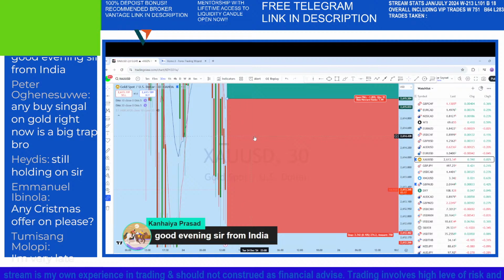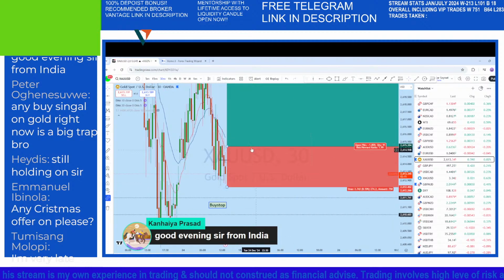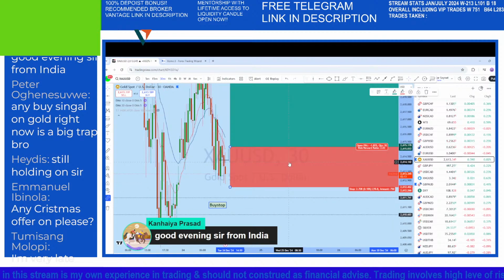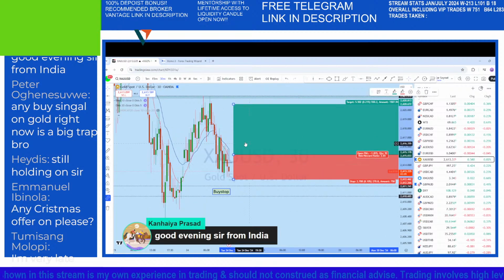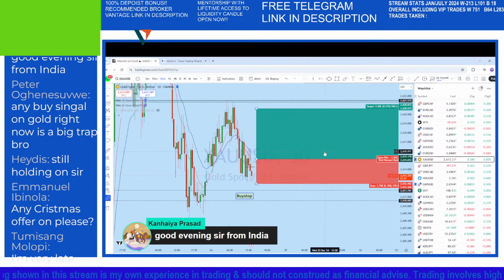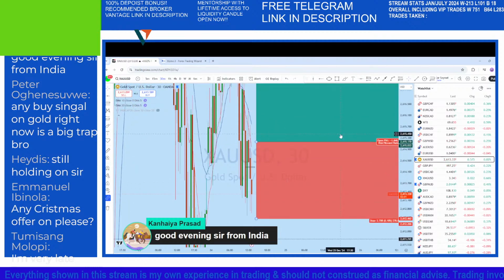We are almost nearing the end of this session, and we can see the market is still sideways. So we'll hold the trade, manage the risk. Either we'll see the upside TP hit or the downside stop loss.